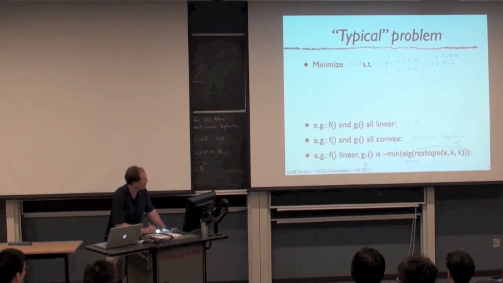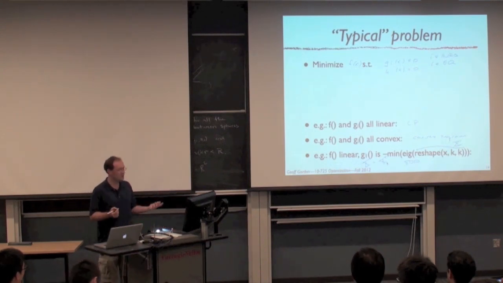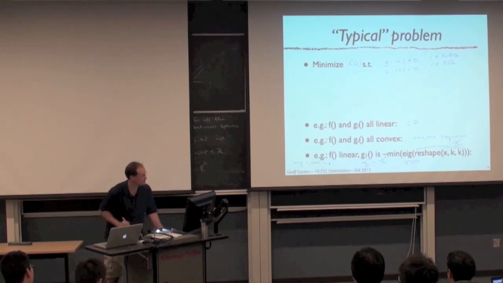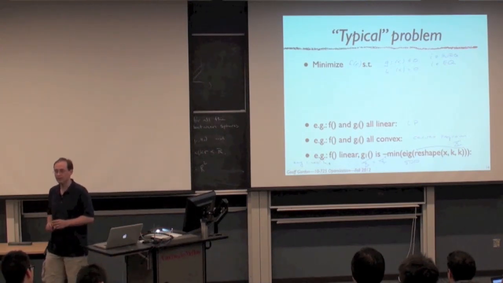So for a semi-definite program, we need capital X is equal to capital X transpose, right? It's a symmetric matrix. And then we're allowed to have any number of linear constraints, any linear h_i. Okay.